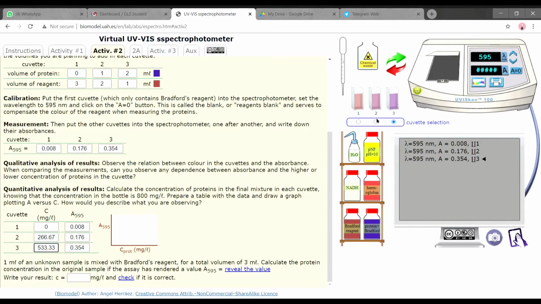Okay, and then we can proceed to do the plotting of the graph.